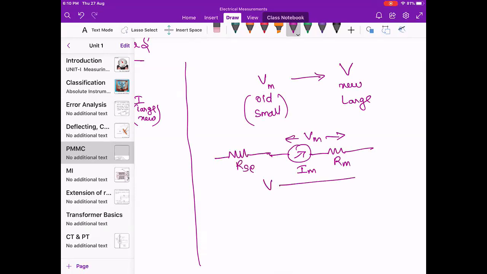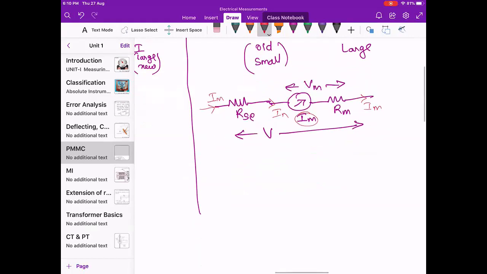Here also the current is IM only, because they are connected in series, the same IM. As the currents are the same, the voltage by resistance ratio should be equal in both, meaning VM by RM is equal to V by (RSC plus RM).